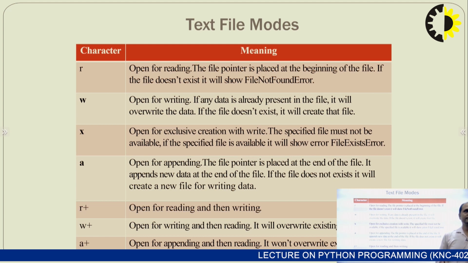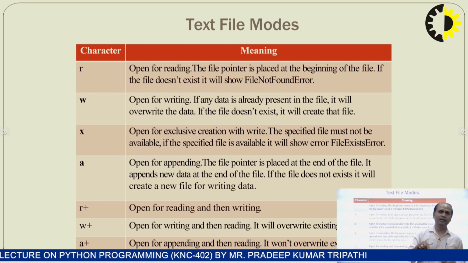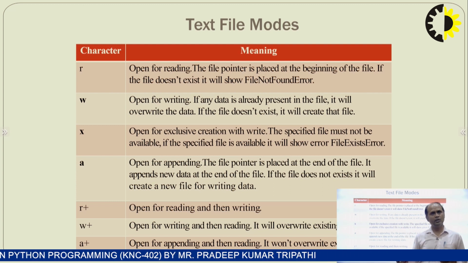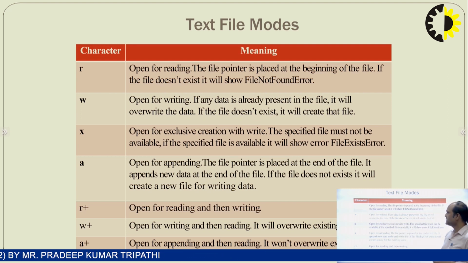These are the text file modes that we use in different functions. When we use the function, we must pass the file name, comma, mode. Suppose we discuss one mode that is R. What does R represent? That is opening for reading the file.